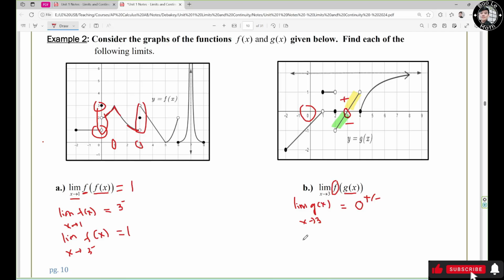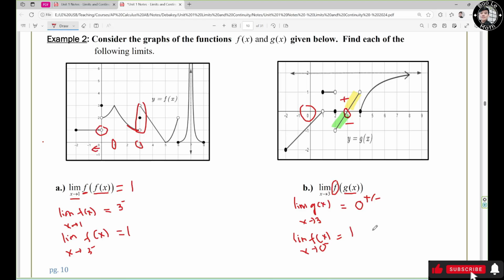So you need to calculate the limit of the outer function f of s when s approaches 0 minus. It's going to be right here. 0 minus means 0 to the left, so we're going to take the lower one. It's going to be 1.